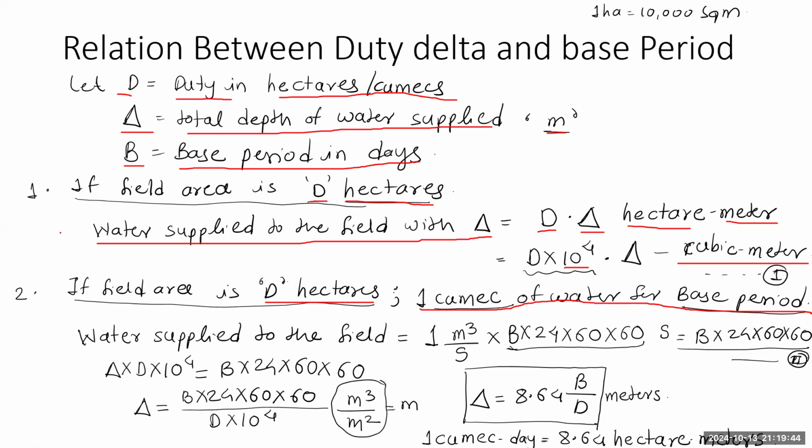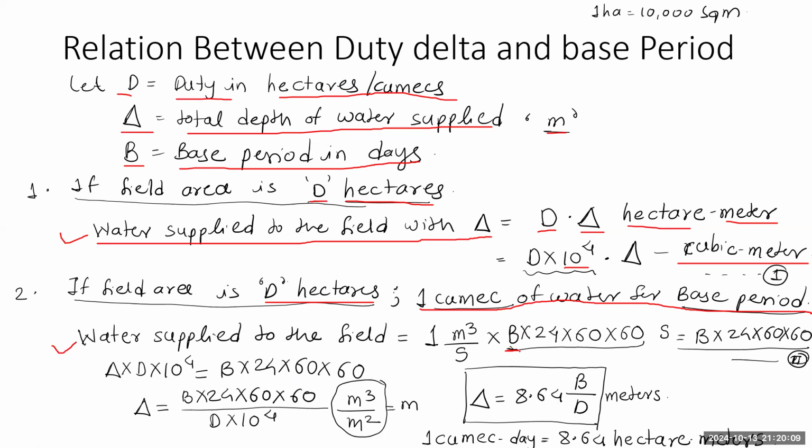Now again, similar to the previous case, let us calculate the water supplied to the field. In the second case, water supplied to the field will be 1 cubic meter per second for the base period. The base period is in number of days, so let us convert this into seconds. The time should be converted into seconds.